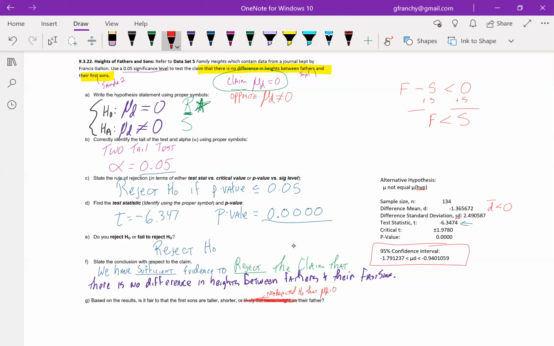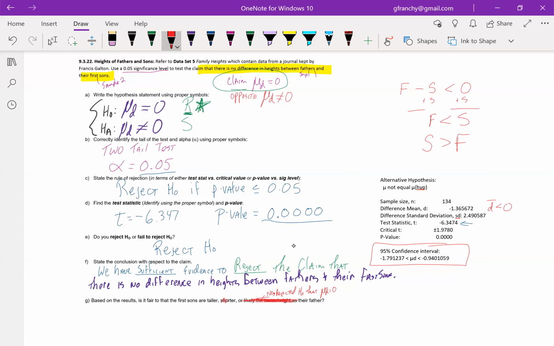So based on the result, is it fair to say that the first sons are taller, shorter, or same height? Well, we already ruled out same height. We're saying that fathers are shorter than their sons. We can reverse that by saying the sons are taller than their fathers.